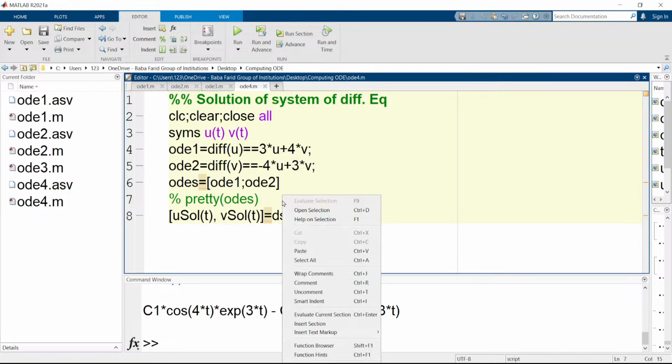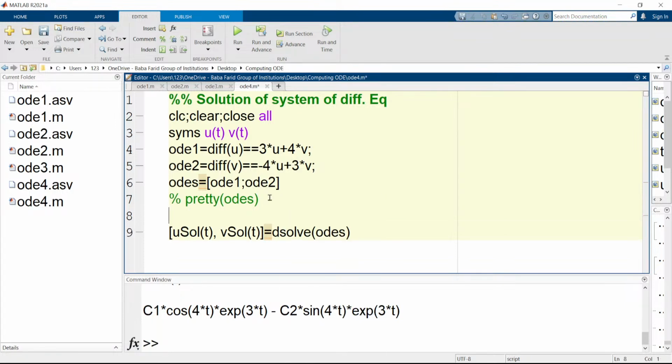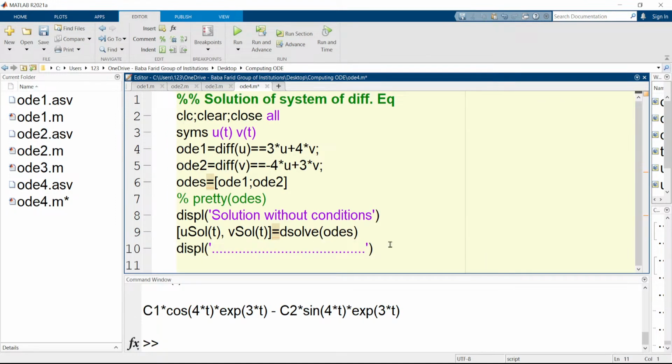Here you can display the solution without conditions, and again the conditions we have.